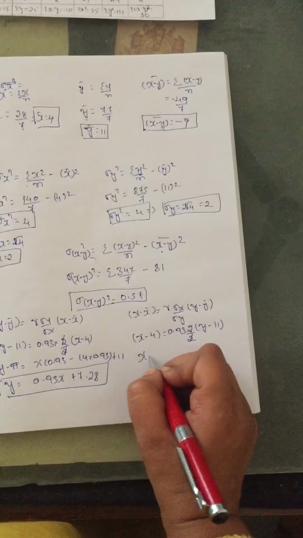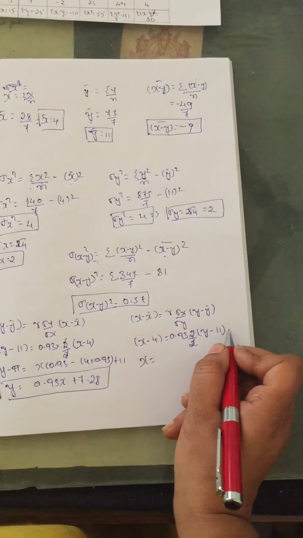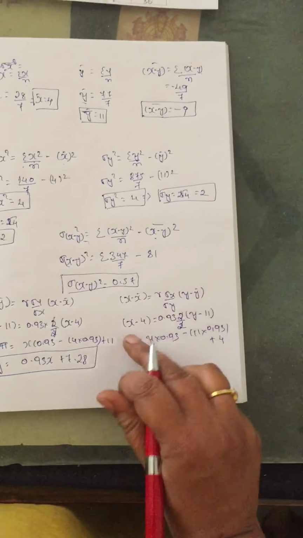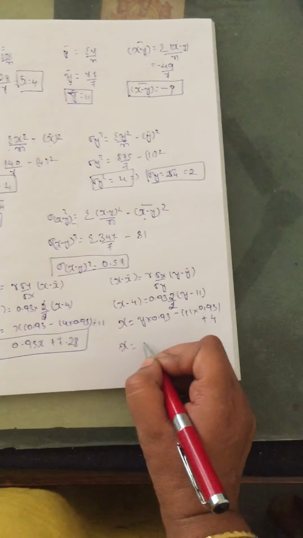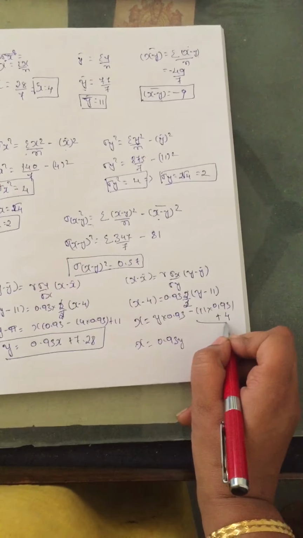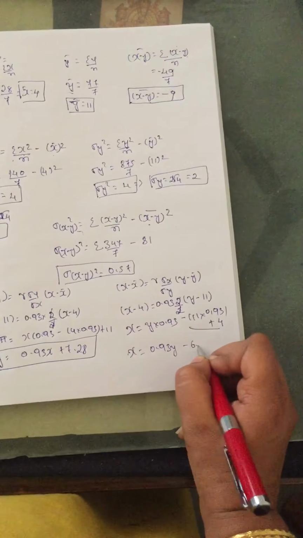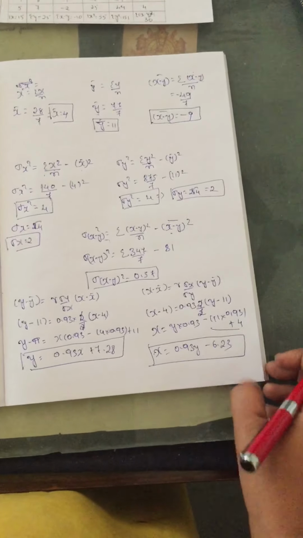Now multiply, that is x is equal to, the 4 is shifted to the right side. Then y into 0.93, next minus 11 into 0.93 plus 4. This minus 4 shifted to the right side becomes plus. Now simplify, here we get x is equal to 0.93y, and this whole term simplifies to minus 6.23. This is the line of regression x on y.